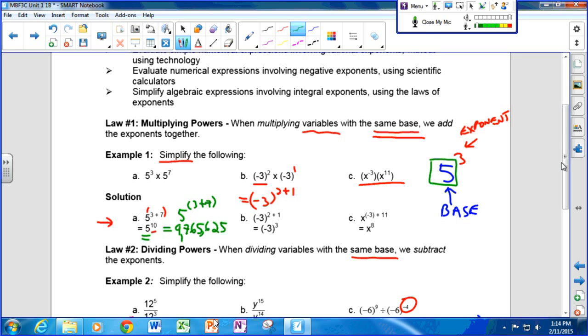Now the second example shows where the base is negative, and I like the way they do their notation. They put the entire number, including the negative sign, in brackets, and then they put the exponent in the normal place. That helps you figure out that the negative sign is part of the base. That's especially important when your exponents are even.